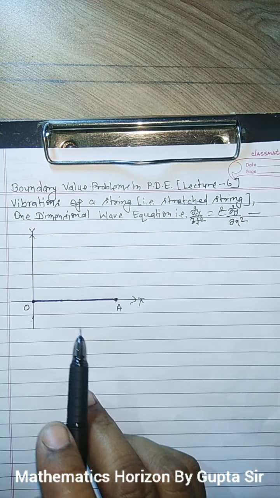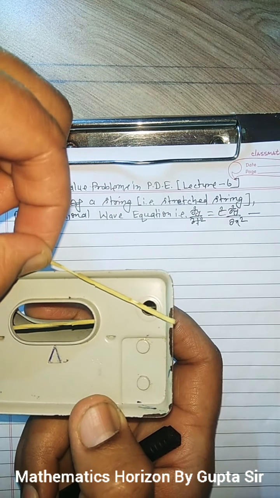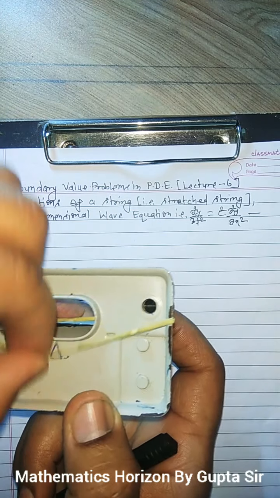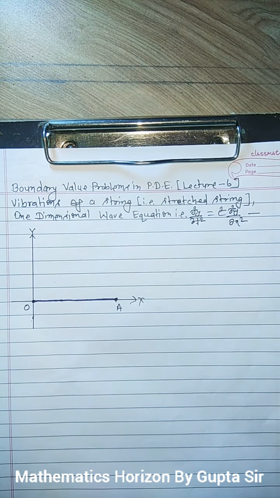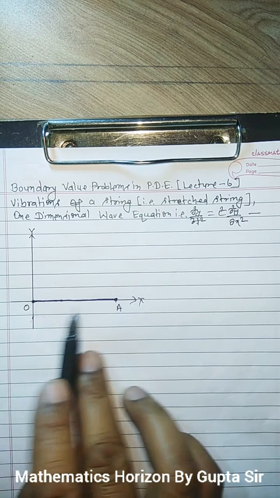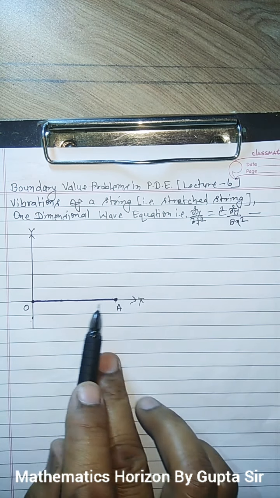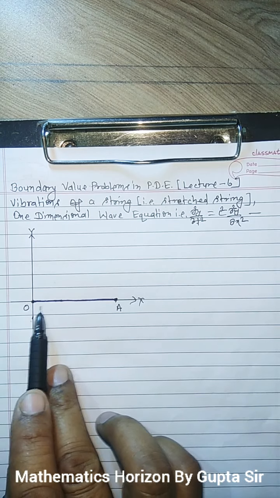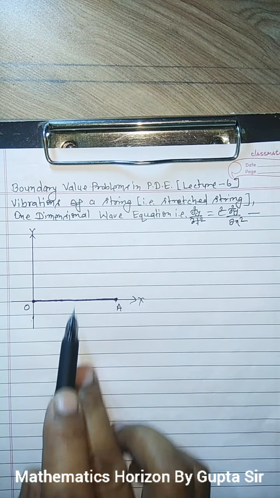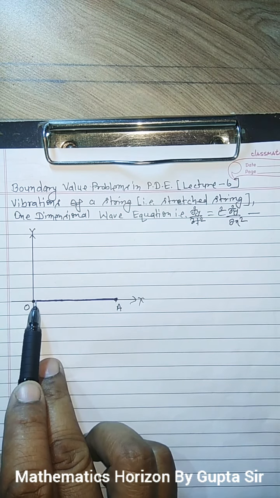Displaced means it is displaced like this slightly. Then what are the vibrations? We will discuss the vibrations of that string, which is tightly stressed between 2 points O and A and displaced slightly from its equilibrium position.